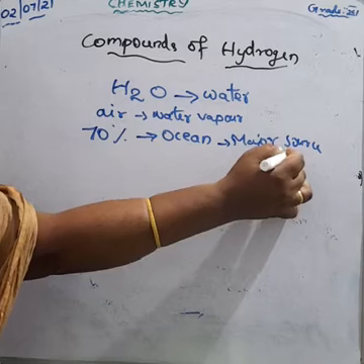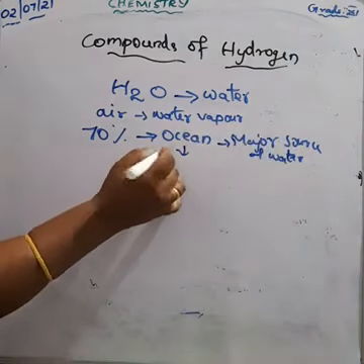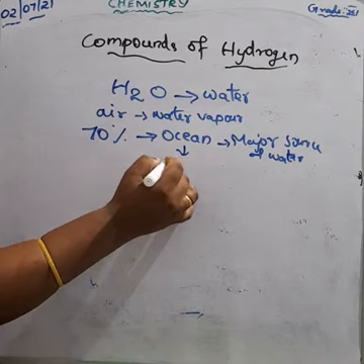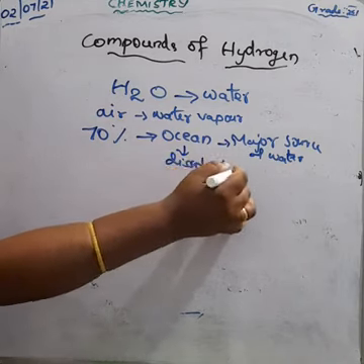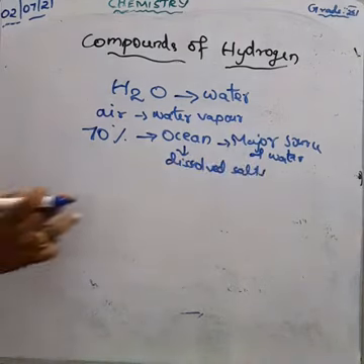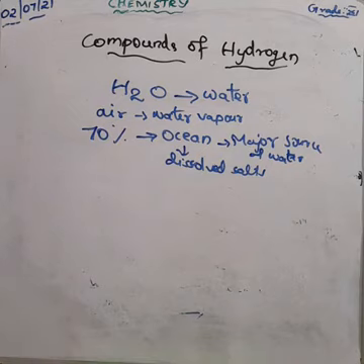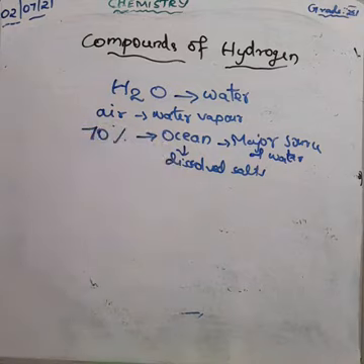However, seawater contains many dissolved salts. We cannot use seawater for drinking because it contains many dissolved salts, so it cannot be used directly. We can purify seawater into drinking water by many processes.